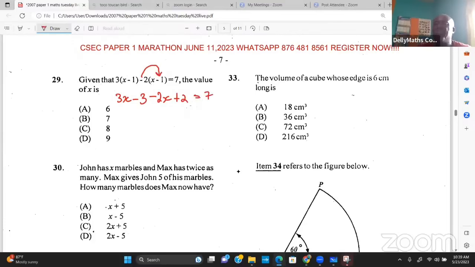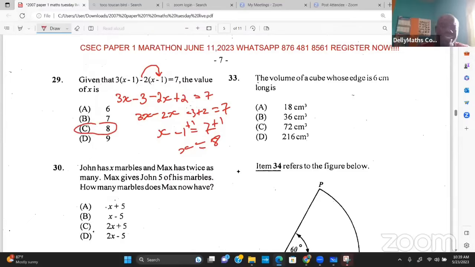On my left side, if I group my ideas, I'll have 3x minus 2x, and then a negative 3 and a positive 2. Just showing clearly, this is x already, and this is minus 1. This is equal to 7. So you're going to have to add 1 to both sides. x is 8. So we're looking at a value of 8 there, and we're good. So we have to take our time when we're going through these.